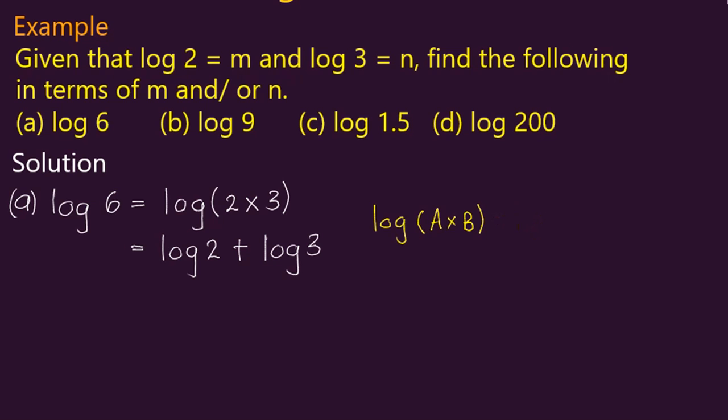Alright, and now we can get our solution, because the logarithm of 2 here is equal to m, and the logarithm of 3 is equal to n. So my solution will simply come out as m plus n. So that's the solution in terms of m and n. That's how we can solve part A.